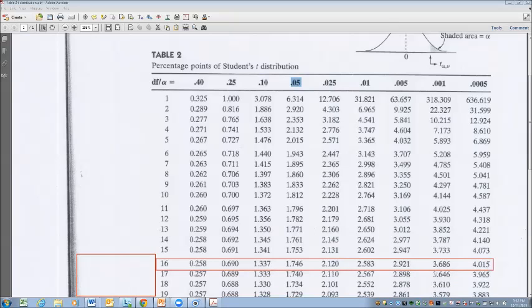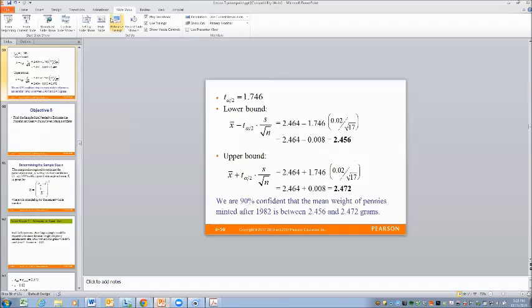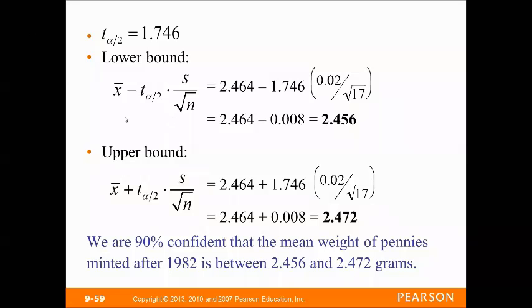I know I wanted the 90% confidence interval, which means there's 10% I'm not confident, putting 5% in each end. So I want to go to the 0.05 column, and under that I get a t-value of 1.746. So that's the number of steps I need to be away from the mean.